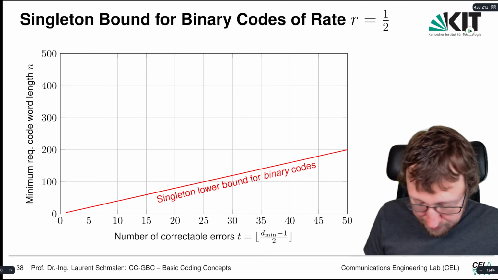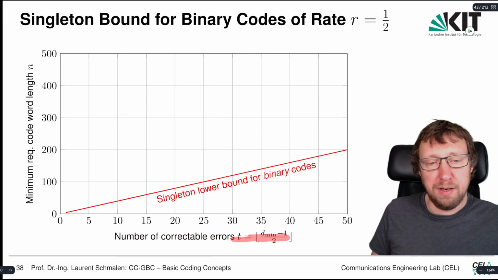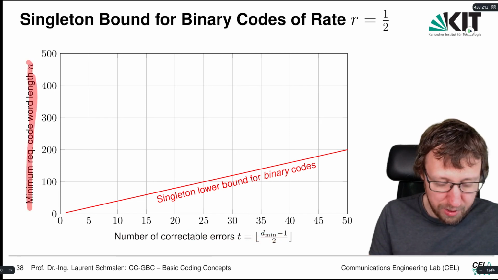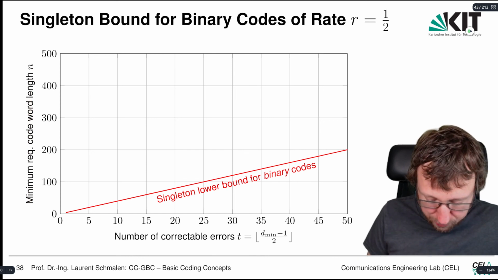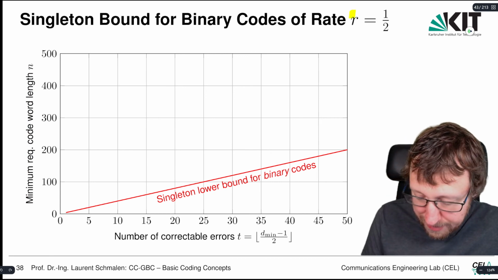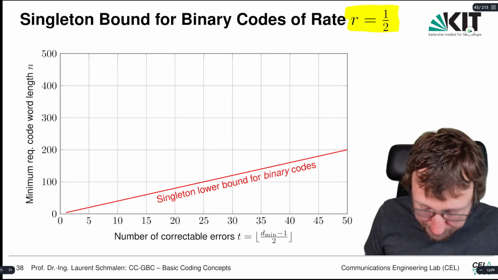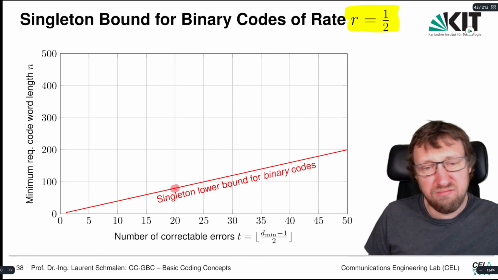Here we're looking at the number of correctable errors, minimum distance minus 1 divided by 2, and the minimum required code word length. The singleton bound says that if we want to correct 20 errors, again, at a rate of 1/2, it means that for 20 errors, the code must be at least 90 bits long.